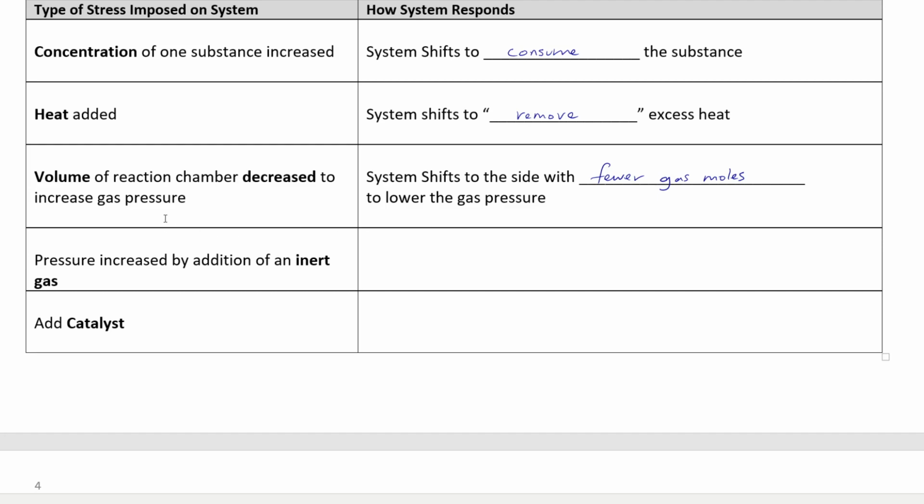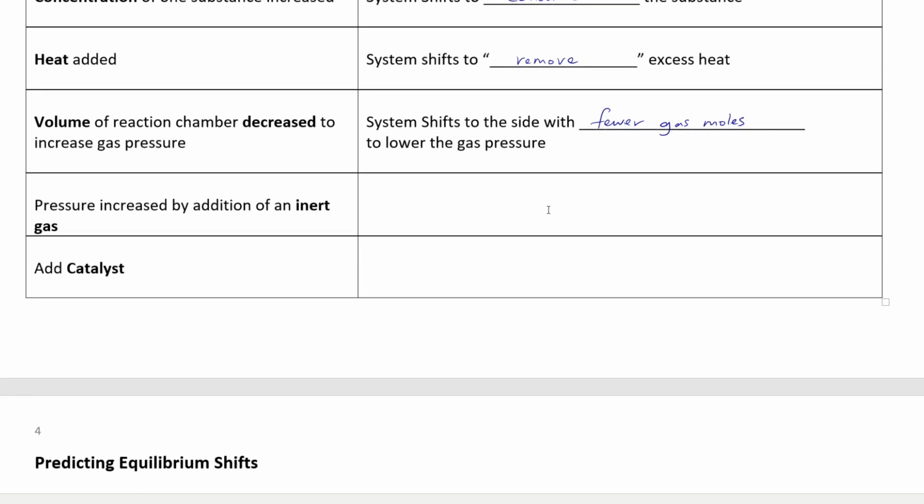So if you increase the gas pressure by decreasing volume, then the system will shift to the side with fewer moles of gas to lower the pressure.